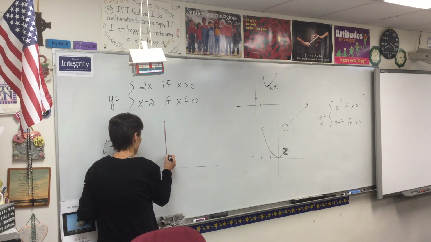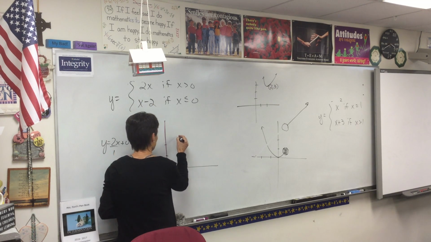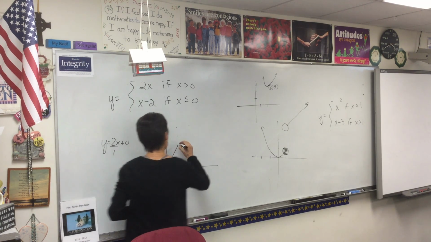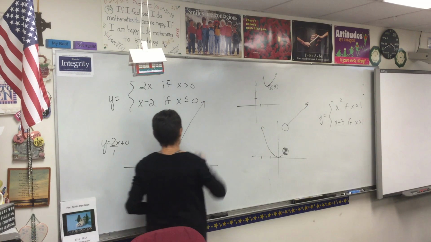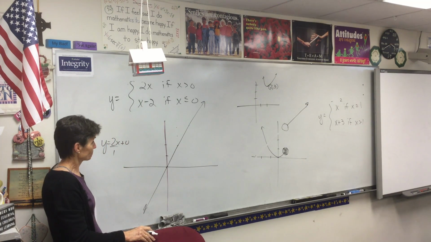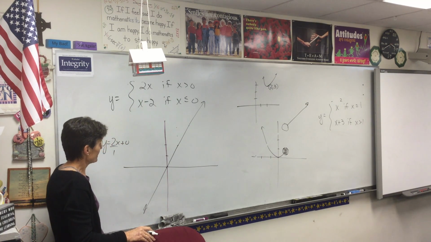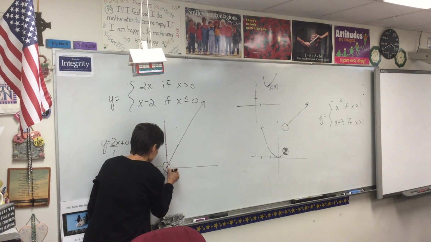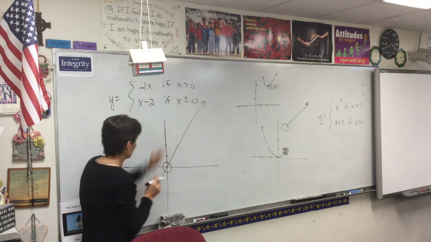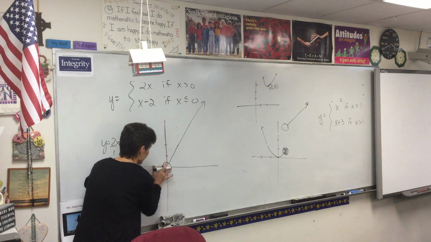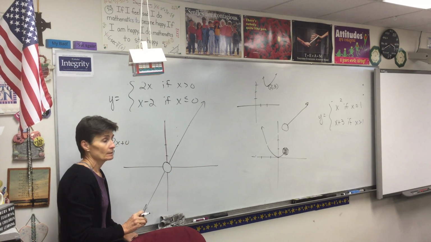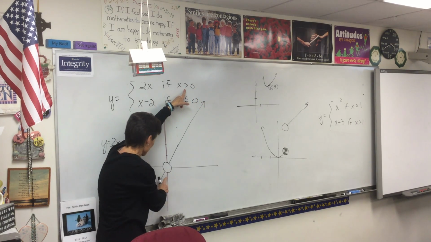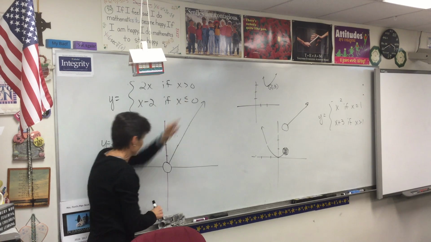So I'm just going to go up 2 over 1, up 2 over 1. I'm going to draw that line in like that. And this, remember, was the dividing line, so that's the point where it crosses. It's open, and it's pointing that way, so I erase this way.